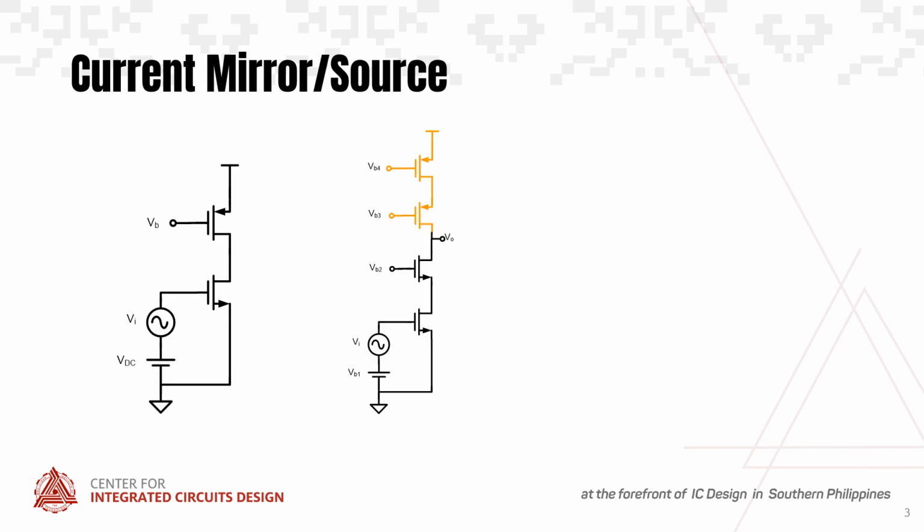So in our current sources, typically we are biased by a single transistor. This MOSFET could be biased by a single transistor or a cascade of transistors like here.